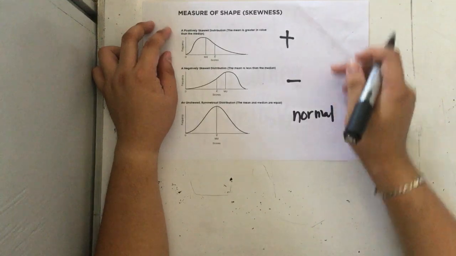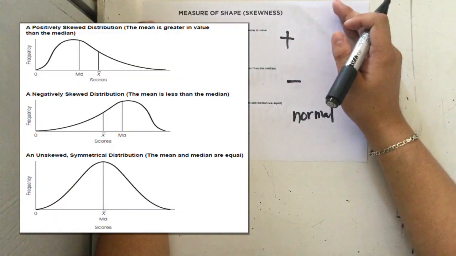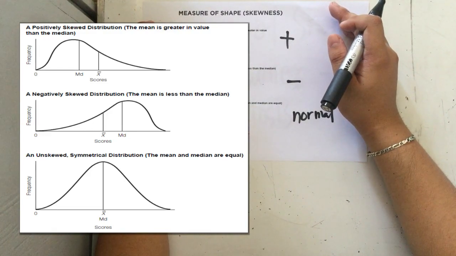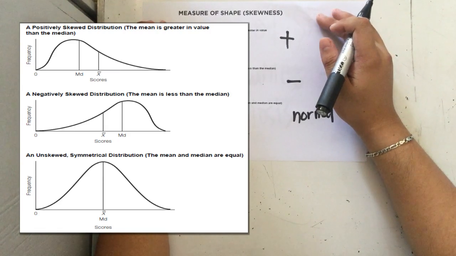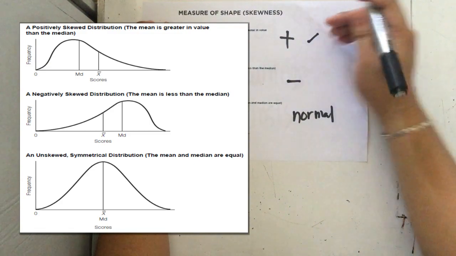Okay, for positively skewed distribution, may photo tayo dyan later. So, for positively skewed, the mean is greater than the value of our median. Kapag mas malaki yung mean natin doon sa ating median, doon tayo nagkakaroon ng positively skewed distribution.